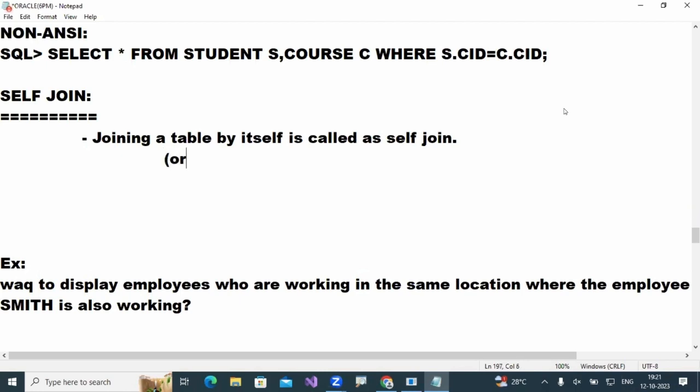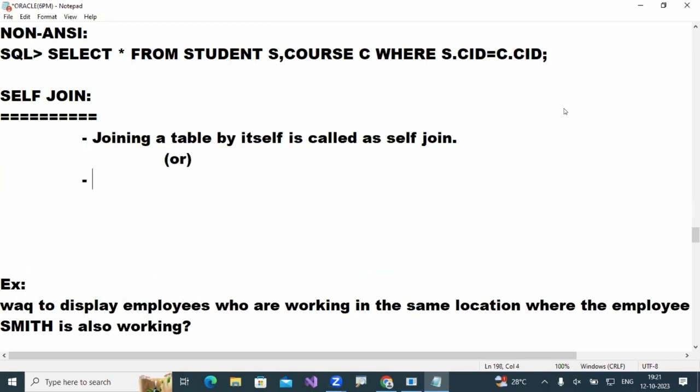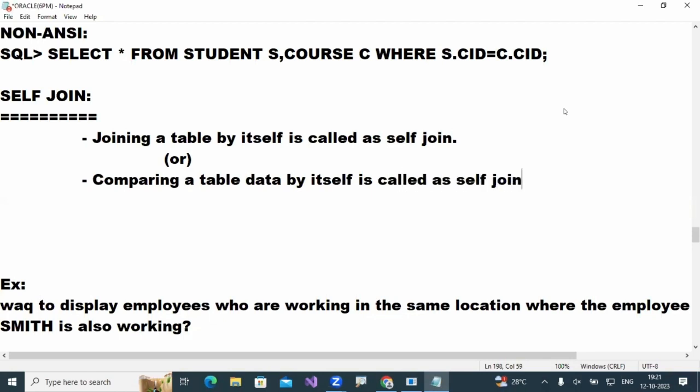Another definition we can give: comparing a table's data by itself is called a self join.